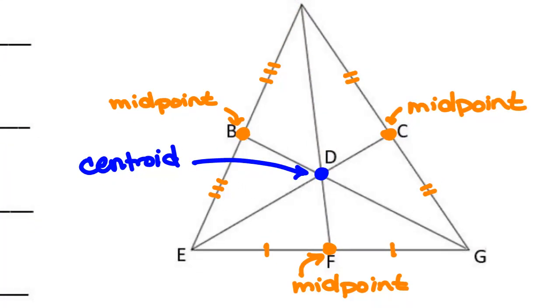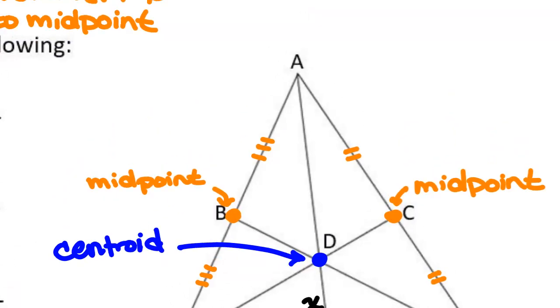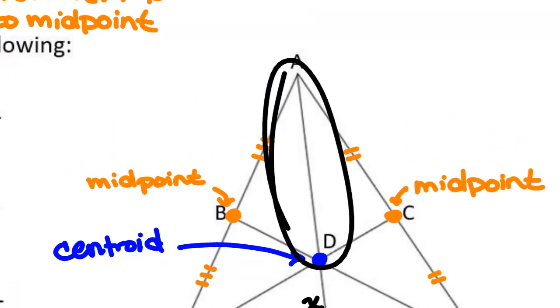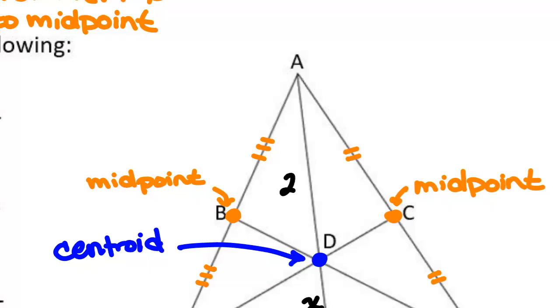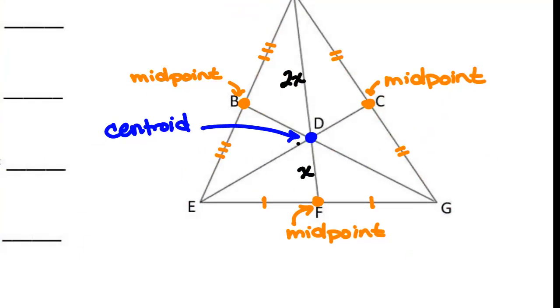This shorter piece, from the centroid to the midpoint, is half as big as the distance from the vertex to the centroid. So we call the distance from the vertex to the centroid 2x, and the distance from the centroid to the midpoint x, to show that it is half the size of the other one.